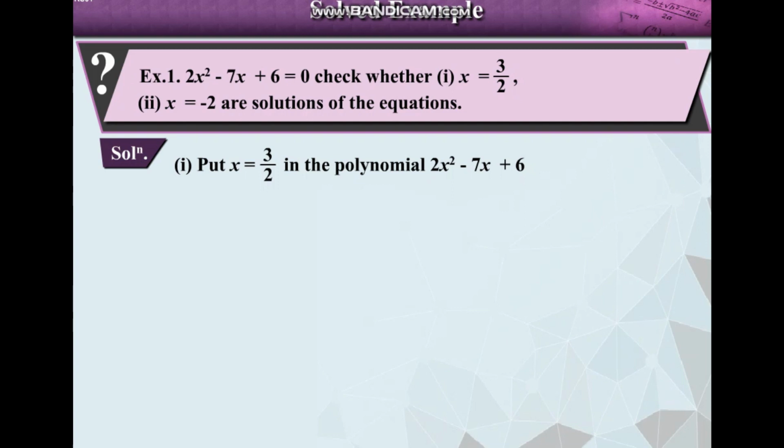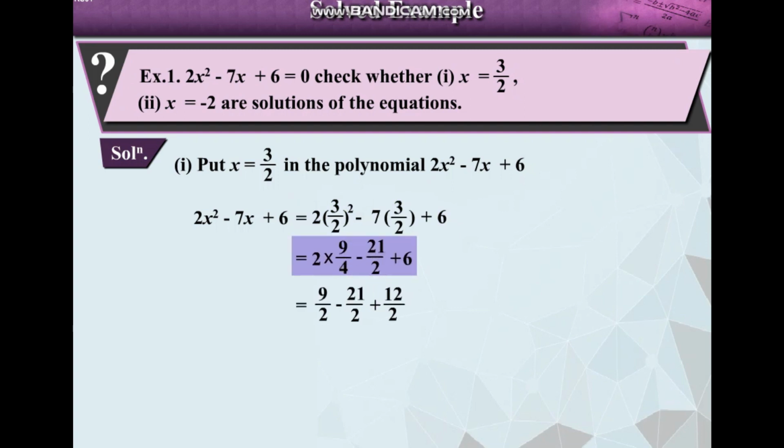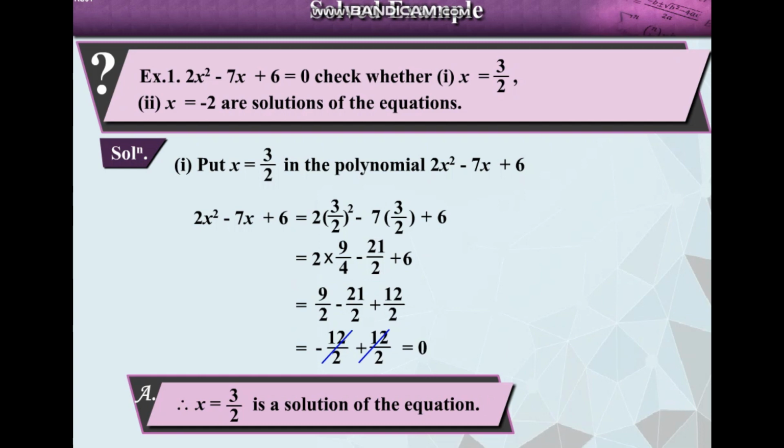Put x = 3/2 in the polynomial 2x² − 7x + 6. 2x² − 7x + 6 = 2(3/2)² − 7(3/2) + 6 = 2(9/4) − 21/2 + 6 = 9/2 − 21/2 + 12/2 = 0. Therefore, x = 3/2 is a solution of the equation.